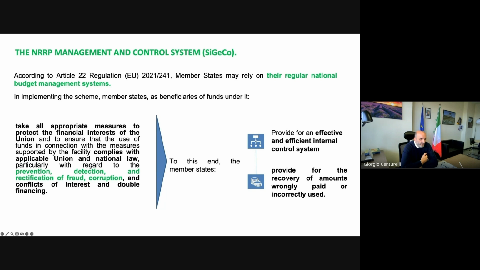Article 22 says that the member state may rely on the regular national budget management system, but in order to respect sound financial management, all the member states have the responsibility for the implementation of a single program and must take all appropriate measures to protect the financial interests of the Union, to ensure that the use of funds is correct in connection with the measures supported by this facility and complies with applicable Union and national law, and in particular to prevent, detect, and rectify fraud, corruption, conflict of interest, and double financing.